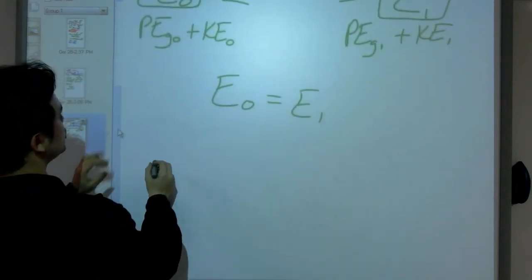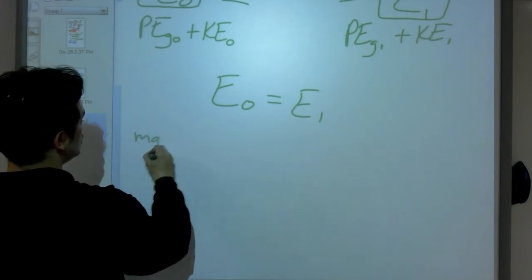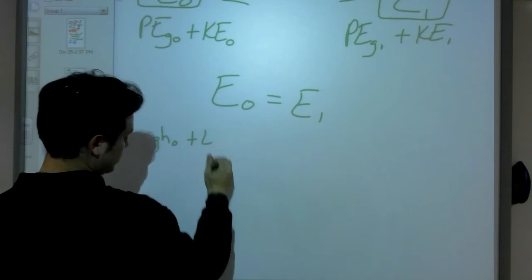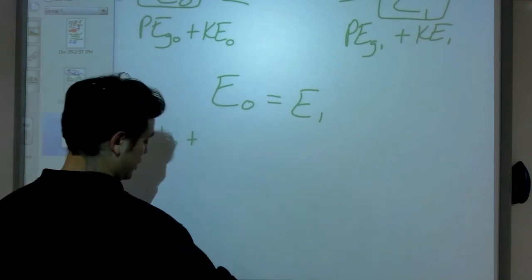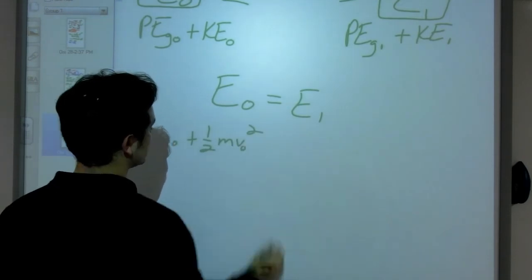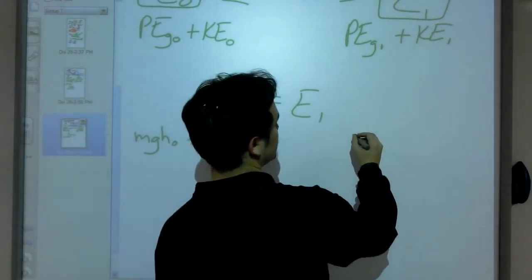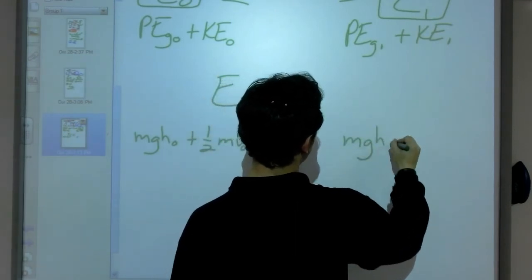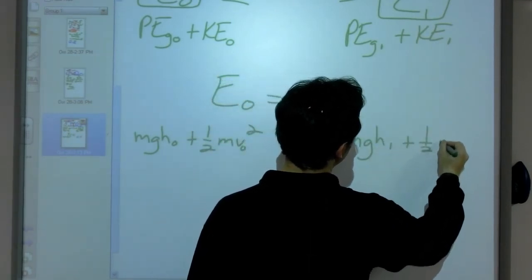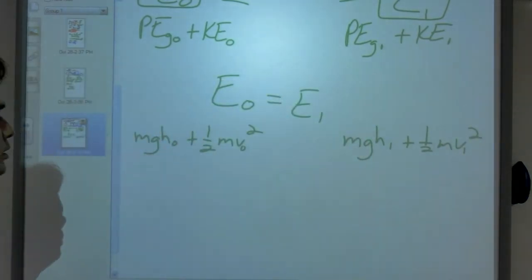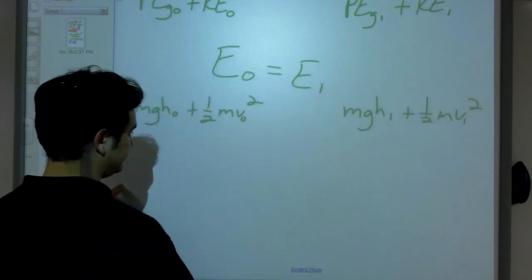E naught, potential energy due to gravity, that's mg h naught, plus kinetic energy initial, which is 1/2 m v naught squared. Over here, by the same token, E1 is going to be equal to mg h1 plus 1/2 m v1 squared. And I want to find v1 so I know how fast they're going.